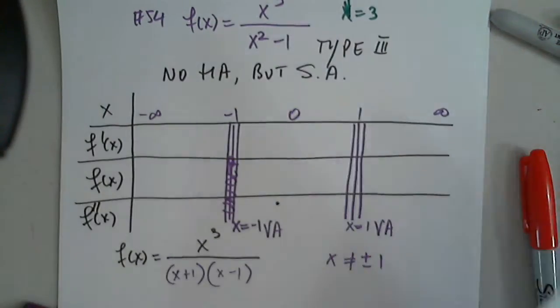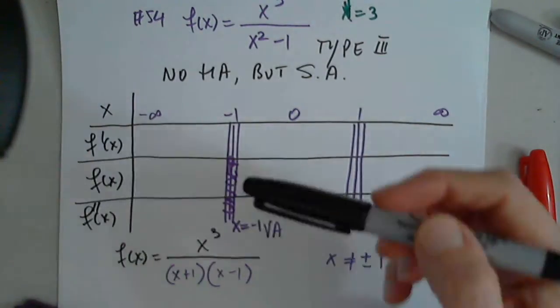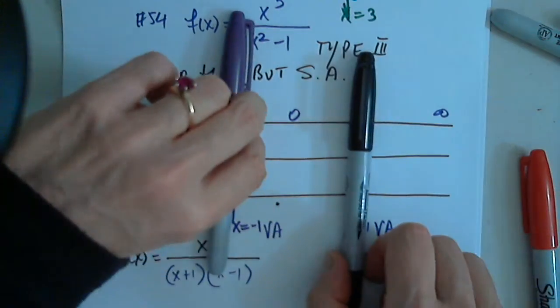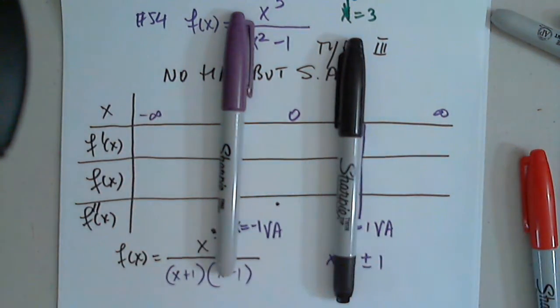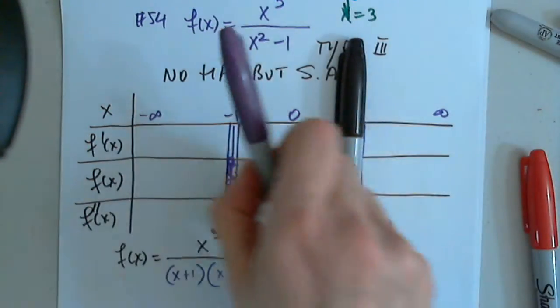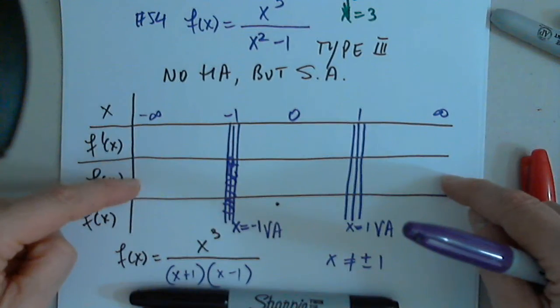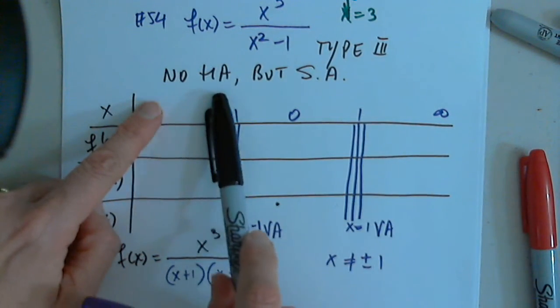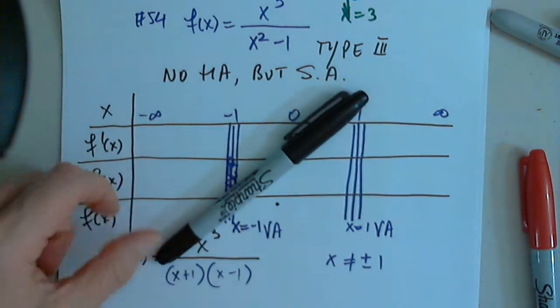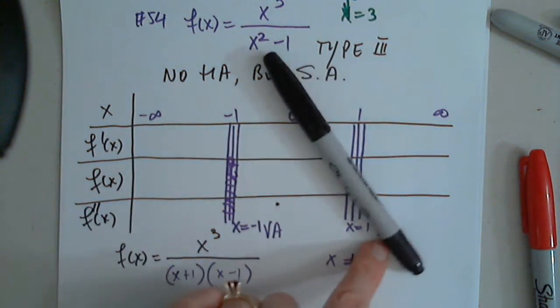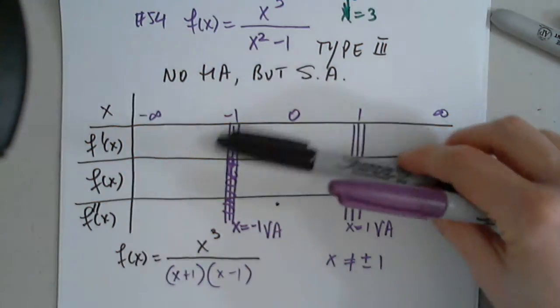Yeah. Good. That's why in the table they are vertical, so we know they signify vertical asymptotes. Otherwise, I would write it here. But this function cannot have a horizontal asymptote. It would have a slant, either like this or like this. Not horizontal.